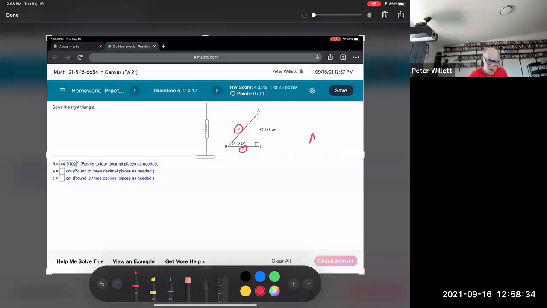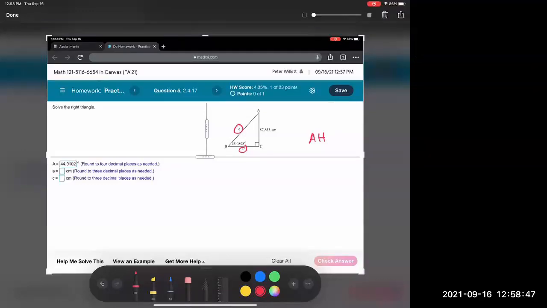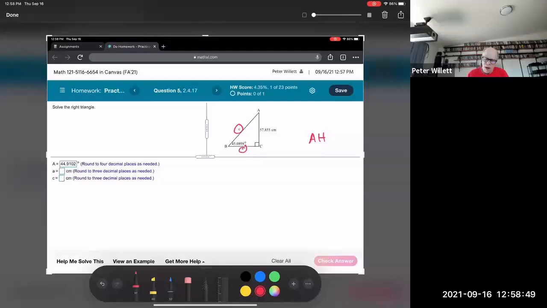So when I have the adjacent and the hypotenuse, which trig function would that tell me I should use? Cosine, right? So CAH, so that's cosine of an angle is equal to the adjacent divided by the hypotenuse.